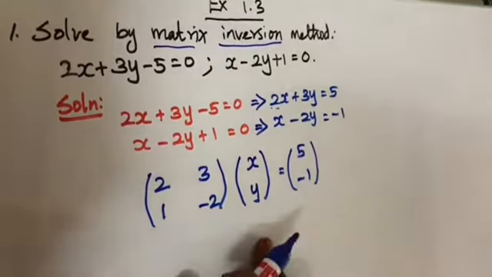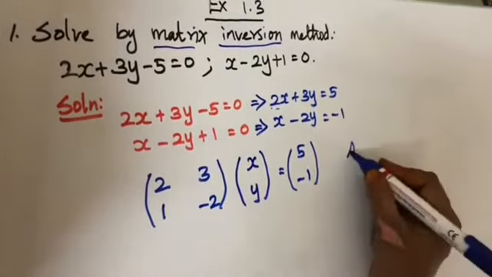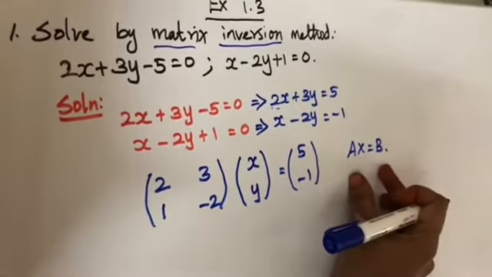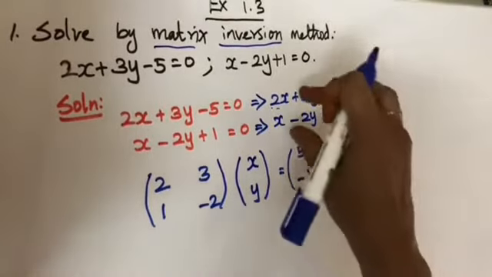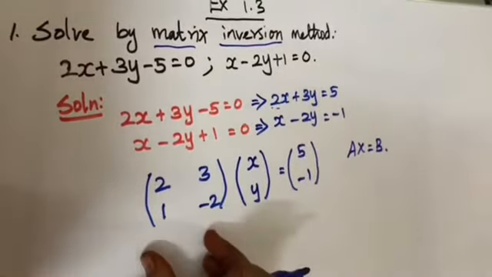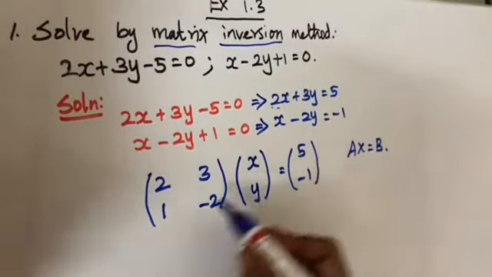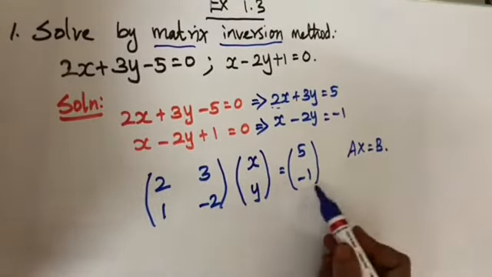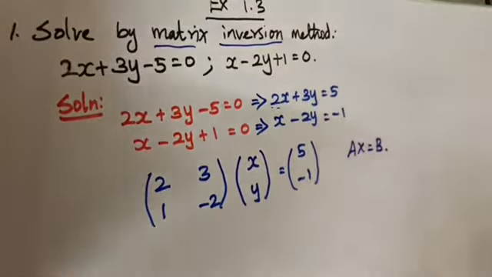This is the general form, Ax is equal to B. In this form, I am writing the linear equations as matrices. A denotes the matrix of coefficients, x the variables, and B is on this side. Now what is the solution?